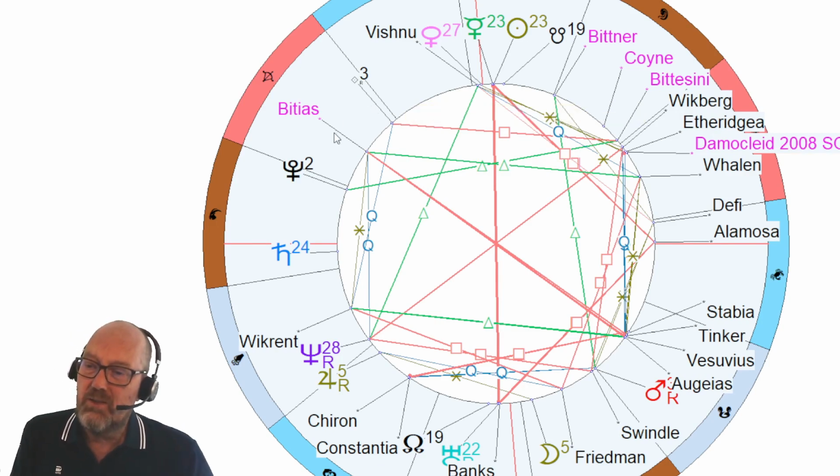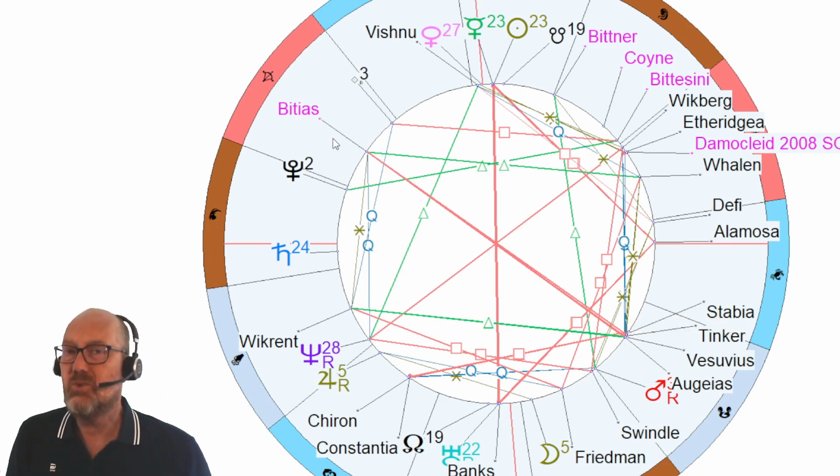But if we look at Bitias, a bit like the last one, there's nothing conjunct Bitias. There's also nothing conjunct Bittner, by the way. Bittner is trining Mars, but if we look at Bitias, there's a bit more story there, specifically if you look at this opposition.